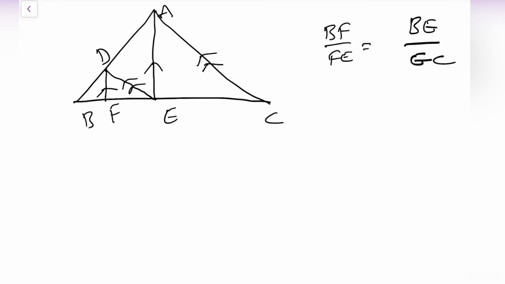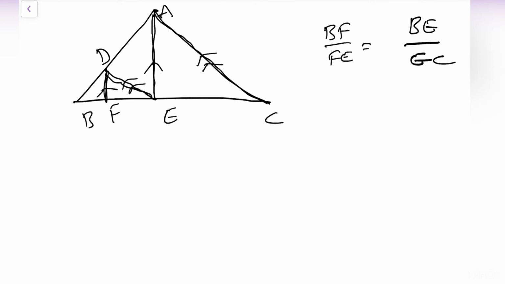He clearly mentioned that line FD is parallel to line AE and line DE is also parallel to line AC. He is asking us to show that BF by FE equals BE by EC.